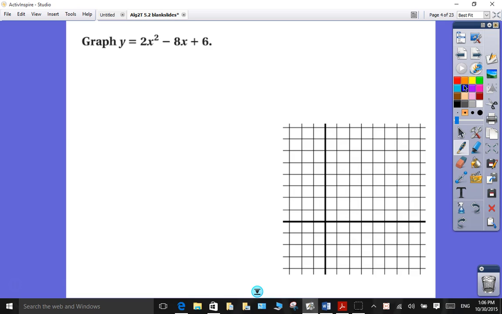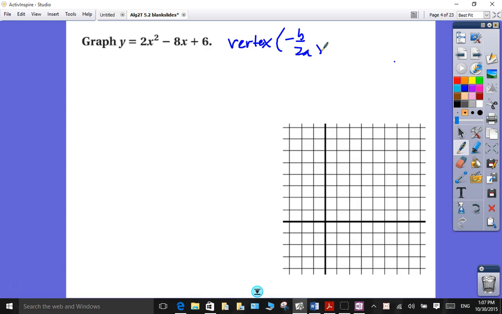So the vertex, like we said, you calculate the x-coordinate with negative b over 2a. Once we calculate that number, how do you find the y-coordinate associated with it? Plug it back in. Whatever that number is, put it in the place of x and you'll have your y-coordinate.